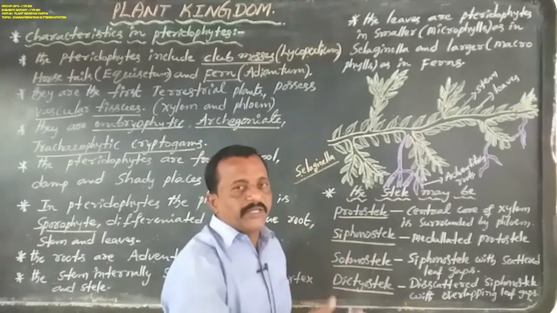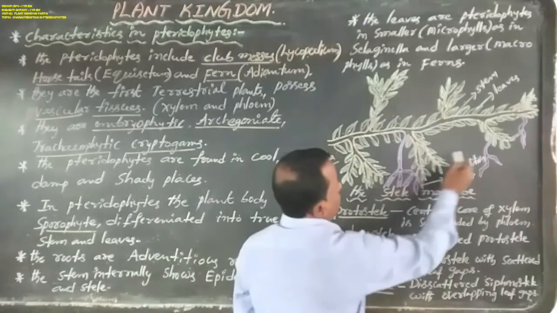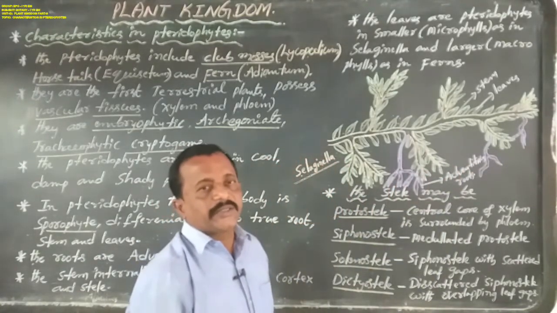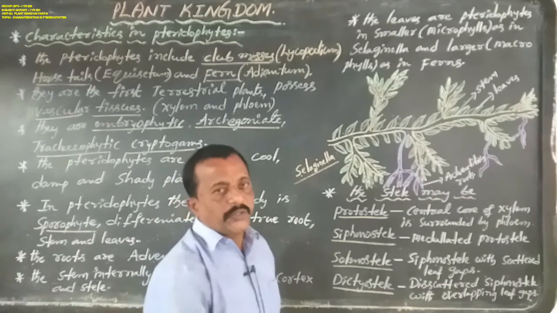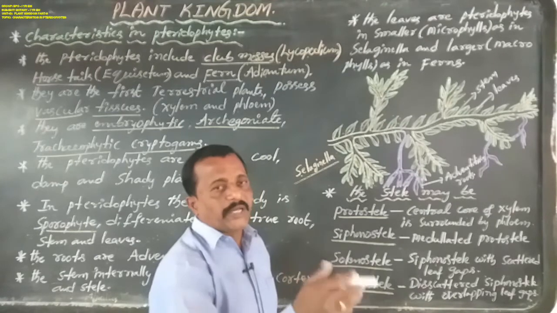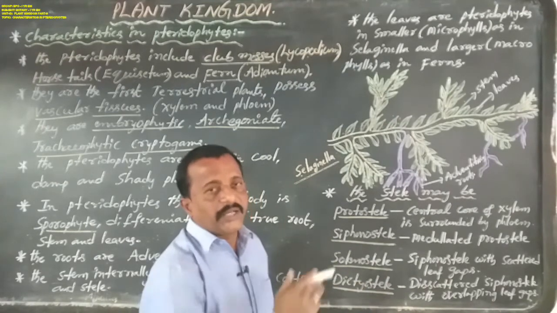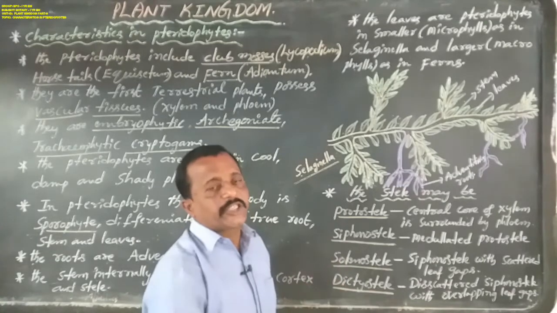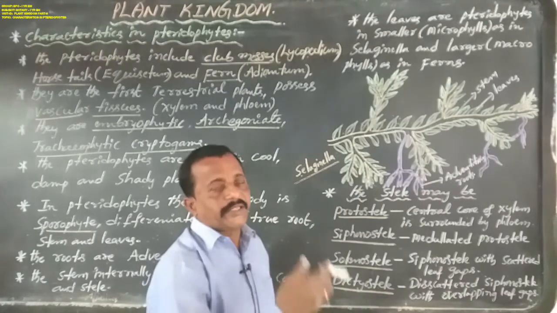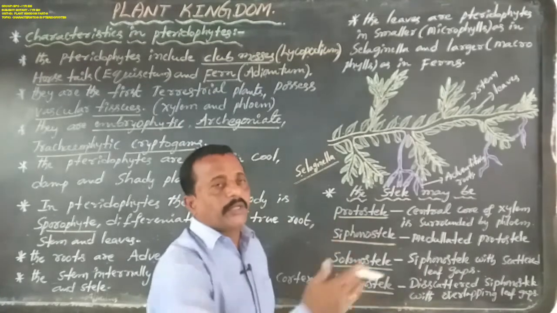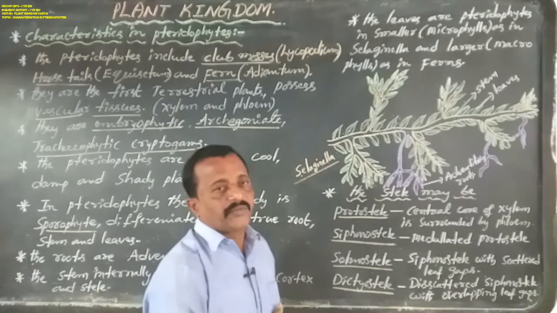These branches of the stem produce adventitious roots. The transverse section of the stem clearly shows epidermis, cortex, and stele. These three parts are clearly seen in the pteridophyte stem.